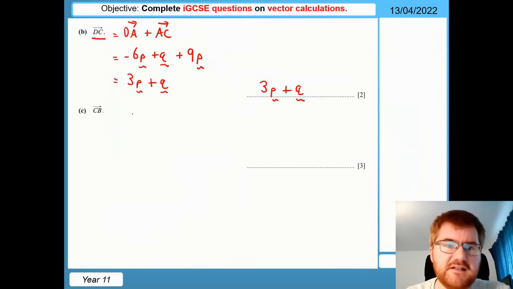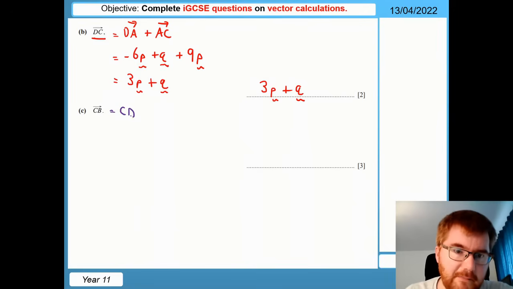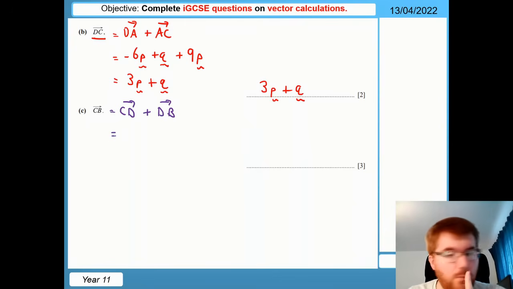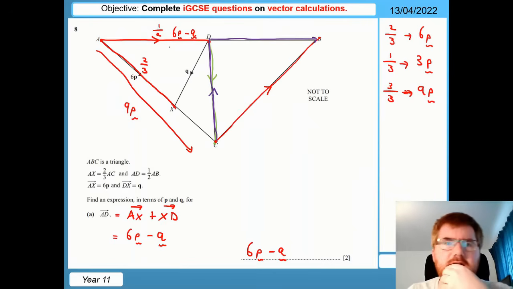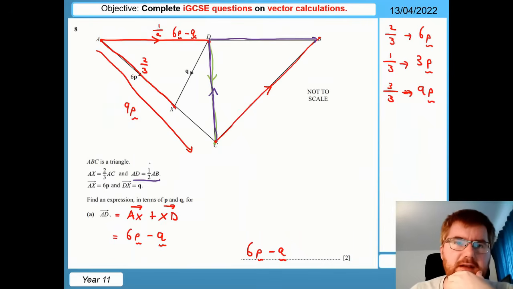So we've got C to D, just to remind myself which vectors we're taking here, and then adding on the vector DB. Now you might be thinking at this point, we don't know the vector DB, but we actually do. This is where we exploit the fact that AD is a half of AB. So in terms of vectors, this vector AD is the same as the vector DB.